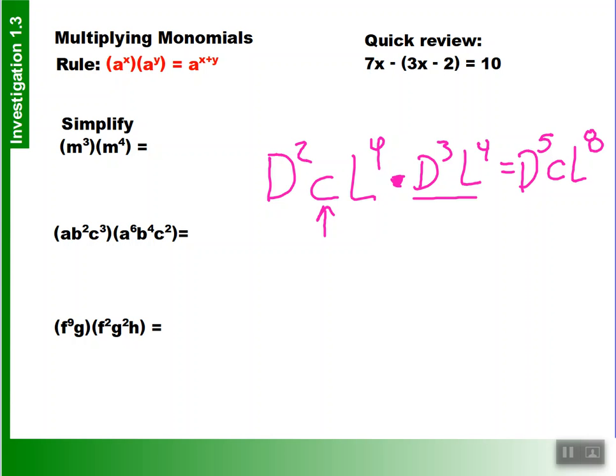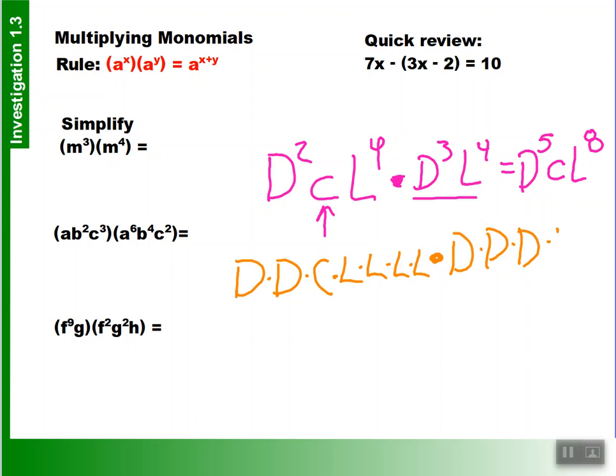Here's what's actually happening. D squared is D times D. C is just C. L to the fourth is L times L times L times L. Then we have the big multiplications, and then D to the third is just D times D times D, times L times L times L times L. So, how many D's are we multiplying together?